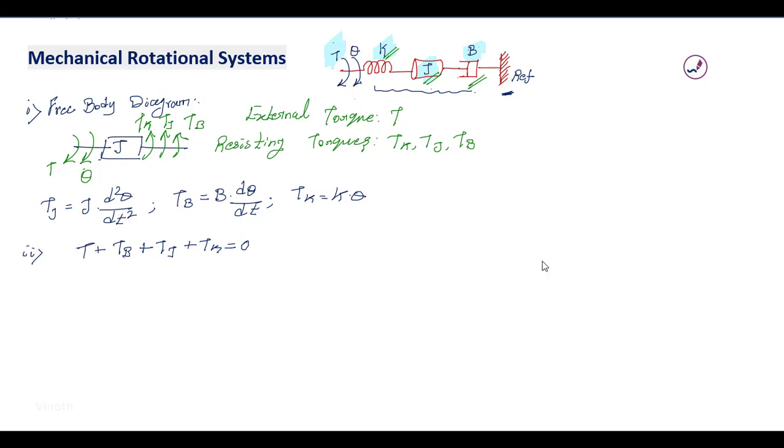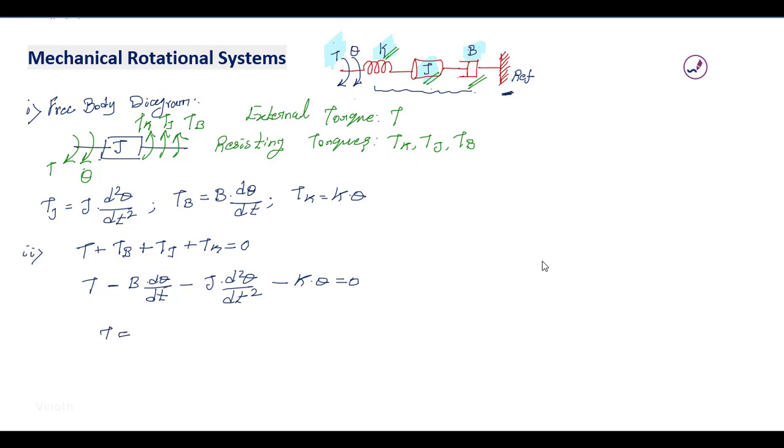So let us write this equation here. What is Tb? That is B into d theta by dt, and because this is a resisting torque to the external torque in the system, it is given with a negative sign. So minus Tj, J into d squared theta divided by dt squared, this is the resisting torque, and the opposing torque due to the spring element, minus K into theta, equal to 0.